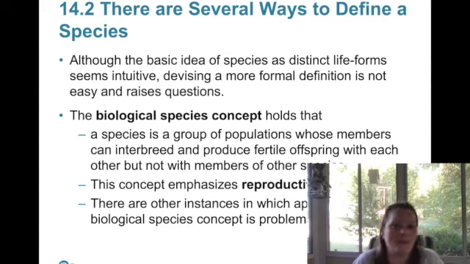Now, different ways to define a species. When I talk about this, normally I talk about the Arctic char. The Arctic char is a type of fish. And the cool thing about it, I love to use it as an example because a lot of people used to just simply look at things and go, oh, it looks like that, so it must be related to this, that kind of thing.